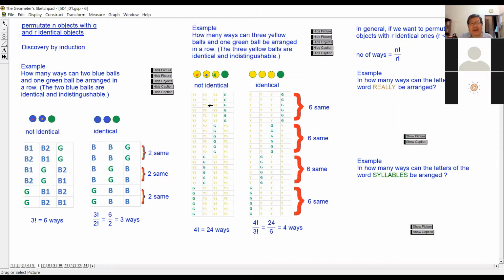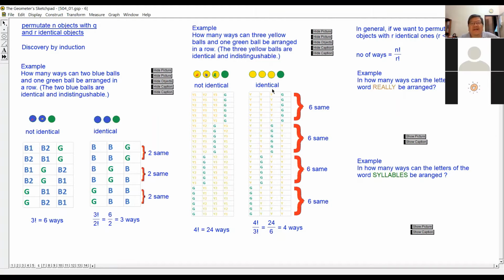Now, on the left-hand side, we can actually distinguish the yellow color, the yellow number 1, yellow number 2, and so on. So among the yellow, they can be arranged in 1, 2, 3, 4, 5, 6 different ways. So the yellow itself can arrange in six different ways. Then green.